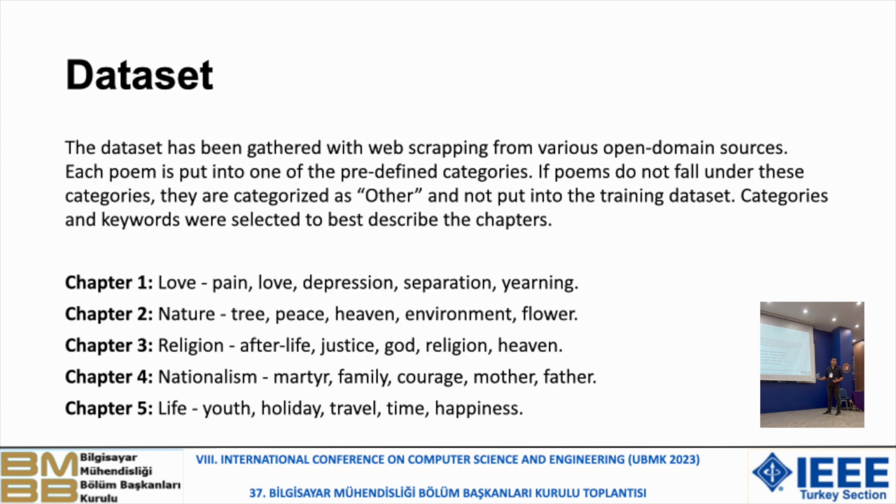And there are predefined categories. For example, there is love, there is pain, there is depression, there is justice, there is environment, there is happiness. And the first step was to categorize each poem into one of them. I did that by keyword. If there is love in the poem, I basically categorize it as love.